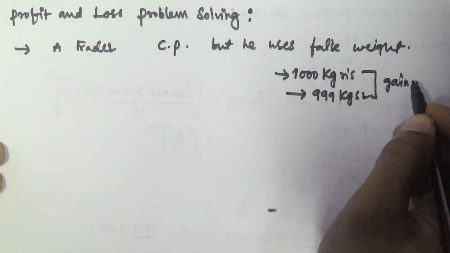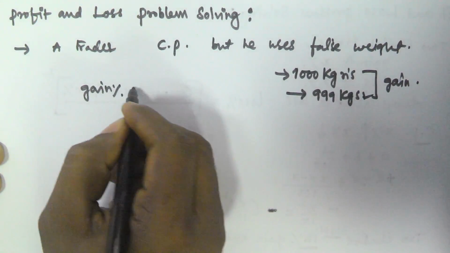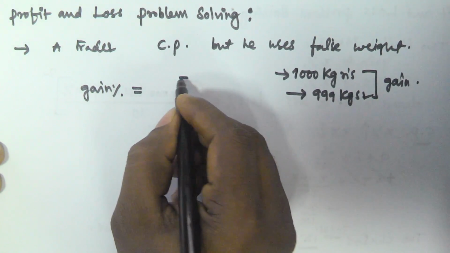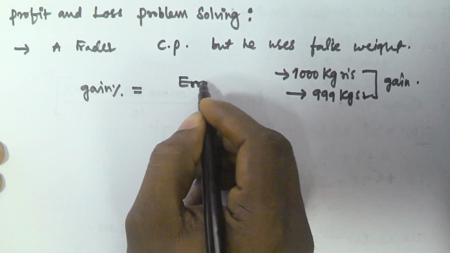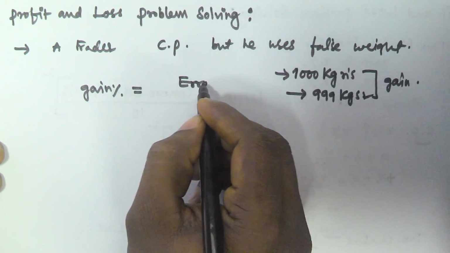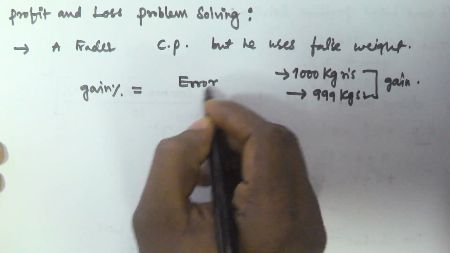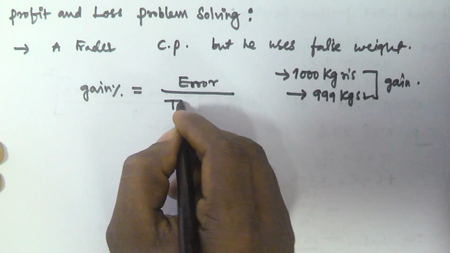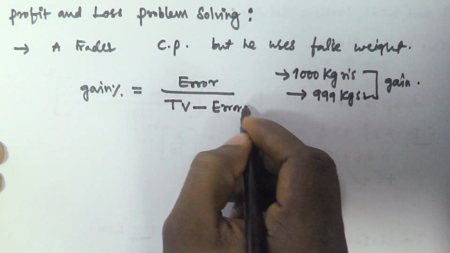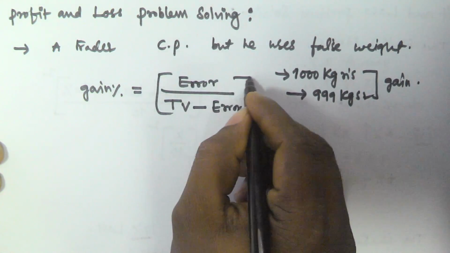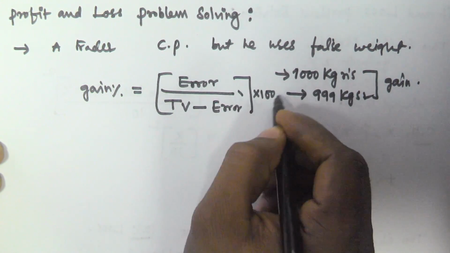He is getting gain. So that gain percentage is given by error, where error is what he is giving lesser than the actual quantity. So the gain percentage is error by true value minus error, into 100.